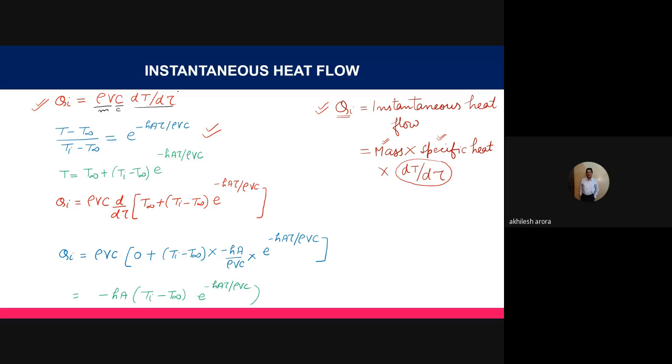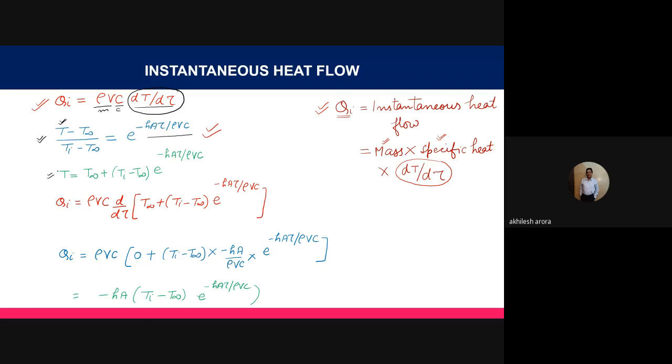Now for calculating this dT by d tau, I need to know the value of the temperature. So this is the equation which I can write: (T minus T infinity) divided by (Ti minus T infinity) is equal to e raised to the power minus hA tau by rho V c. From this equation, I would like to calculate the value of T.